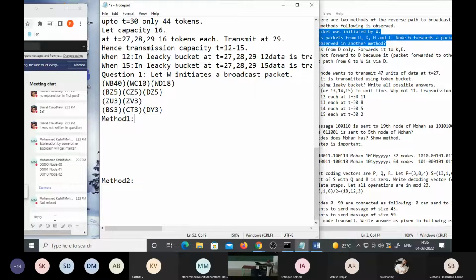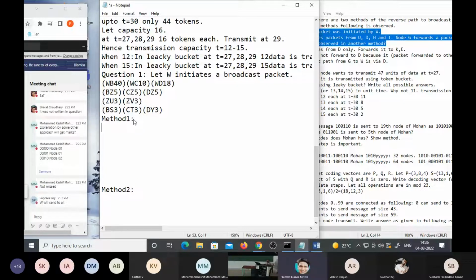Prabhat, what is the problem? Sir, I can hear you. Why don't you write the first line of method 1? Sir, I'm not understanding what we mean by the first line. W will send to all is a very foolish thing. Wrong. W cannot send to Z. In all, Z is also included. W will send to B, C, and D.